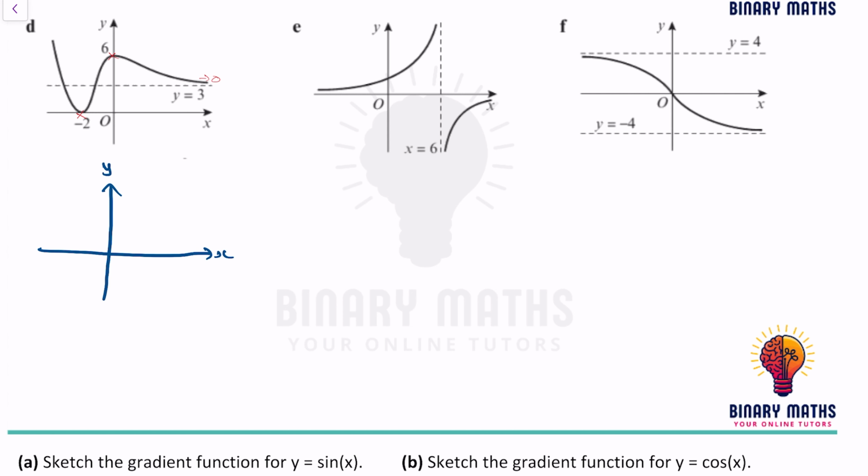So that means I'm going to split it up into 3 parts. It crosses the x-axis at -2 and 0. The gradient is negative in the first section, positive in the second section, negative in the third, and then getting closer and closer to 0.